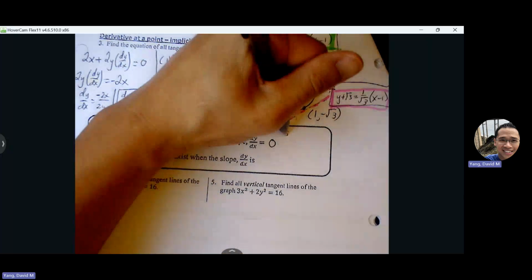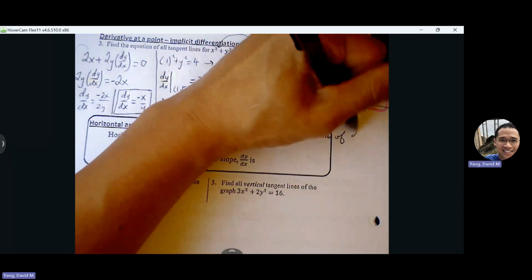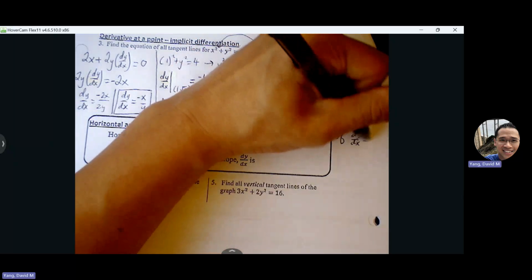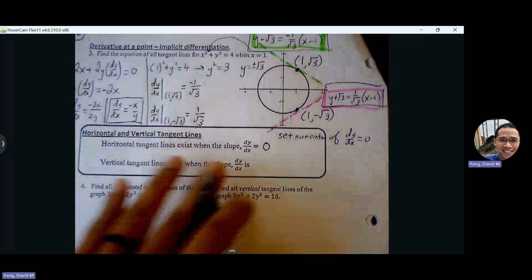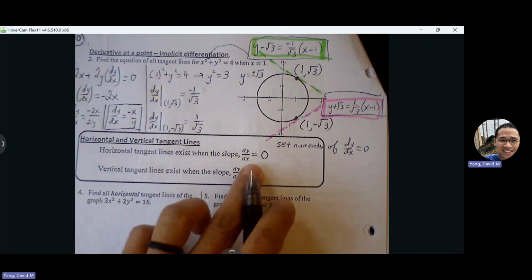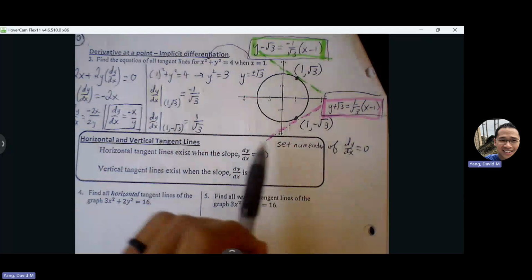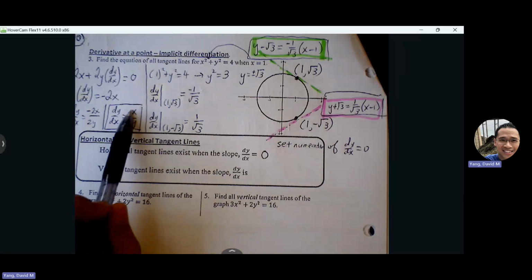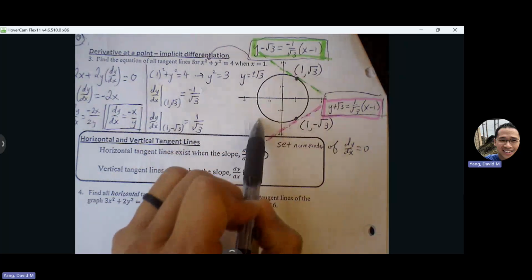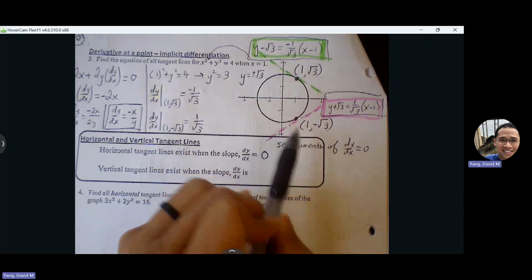But more specifically, you're just setting the numerator of dy/dx equal to 0. Any time you want to find a horizontal tangent, you find your derivative first, and then just set your numerator equal to 0, and that's going to tell you where the graph is going to have that slope 0 behavior.